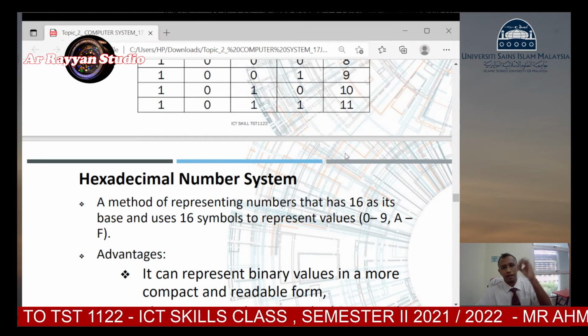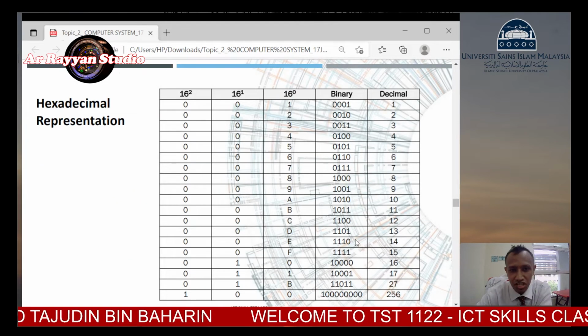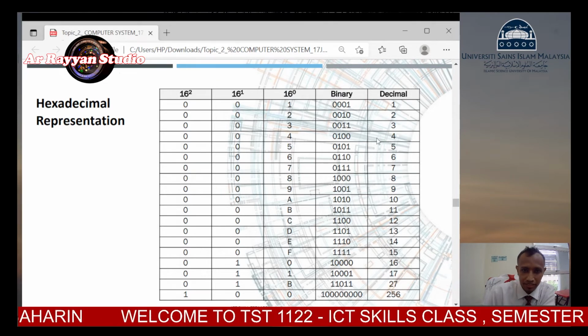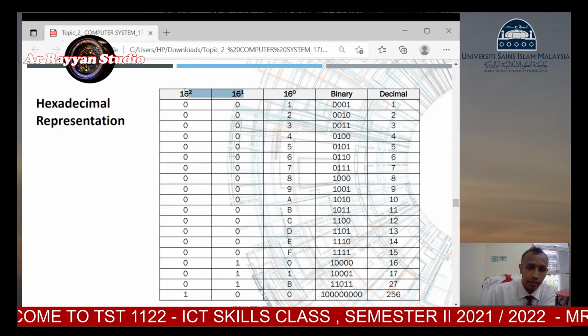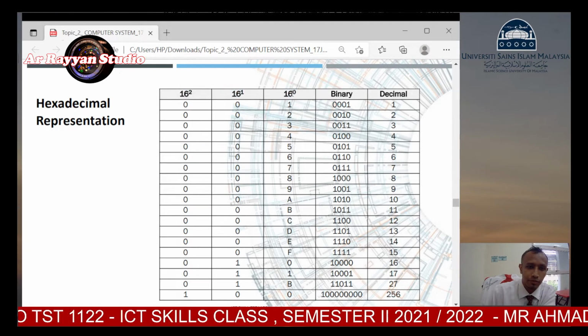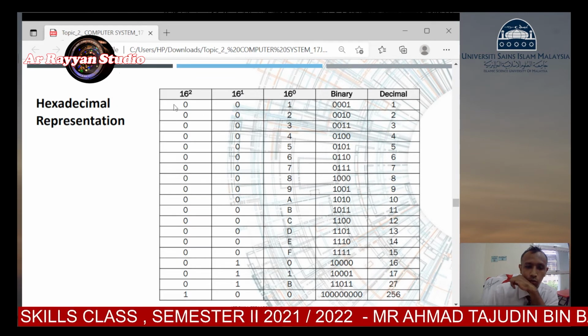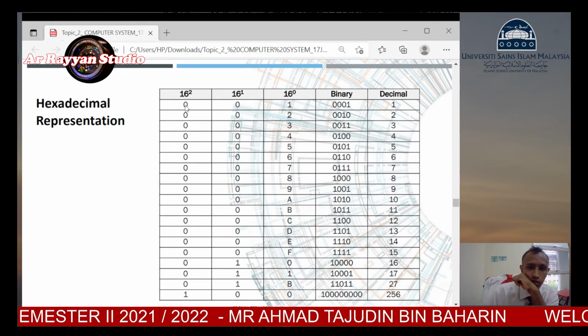So disebabkan itulah diwujudkan hexadecimal. Okay? Faham? Alright, look at here, hexadecimal representation. Okay, sama macam binary representation. So dia ada base, dia ada power of 0, 1 and 2. Okay, macam binary kita ada 2 power of 0, 2 power of 1, 2 power of 2, 2 power of 3.